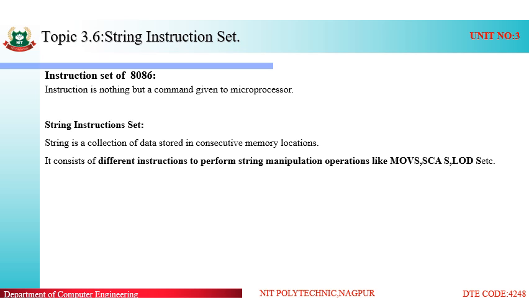So coming to the instruction set of 8086, an instruction is nothing but a command that is given to the processor to perform a specified task. Now the string instruction set consists of different string manipulation related instructions. So first we need to know what is a string. A string is a collection of data stored in consecutive memory locations.